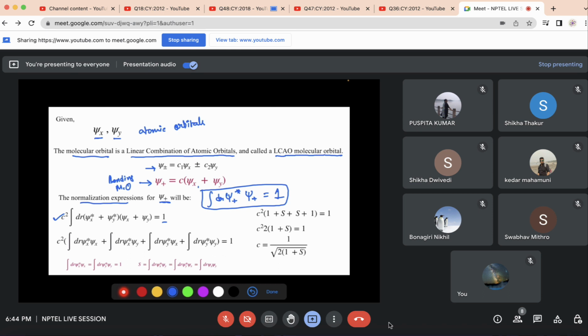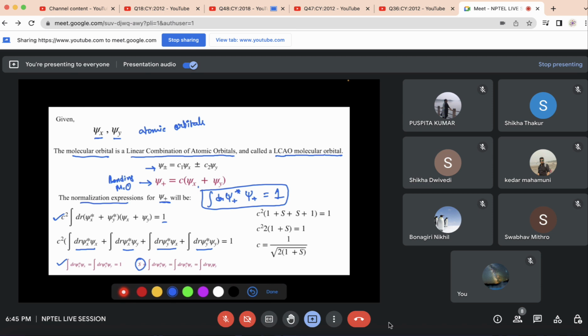Now when we solve this, we get 4 different integrals. These 4 integrals get further simplified when we apply the normalization condition. The first integral and the last integral are equal to 1 because of the normalization condition, and the second and third are equal to S.